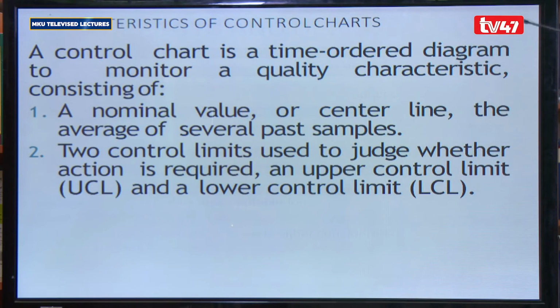So there are some given characteristics that are unique to a control chart, as we've seen from the diagram. The control chart will have three things: the upper control limit and the lower control limit, and how we can easily compute or plot the chart, but we'll discuss that in detail.